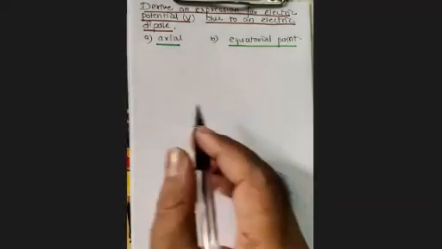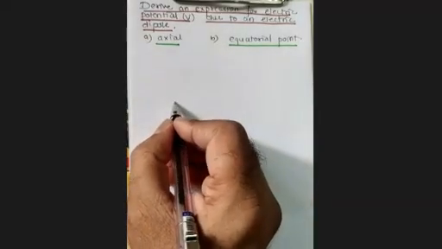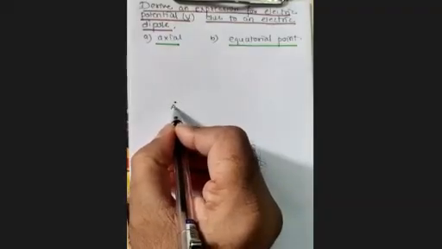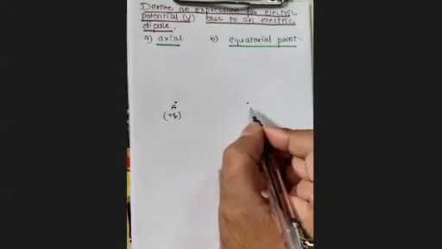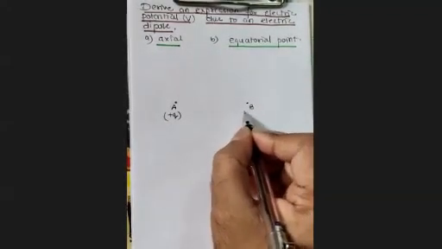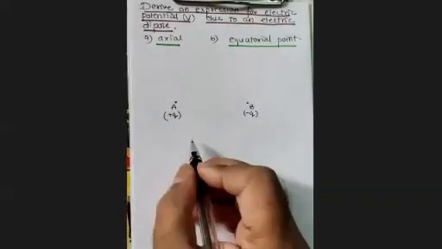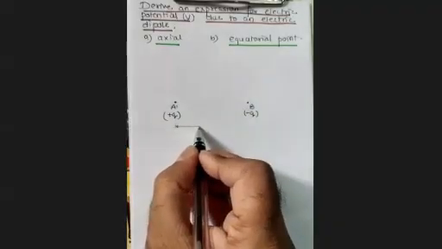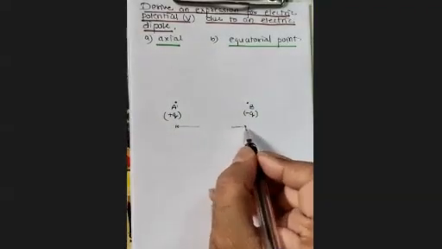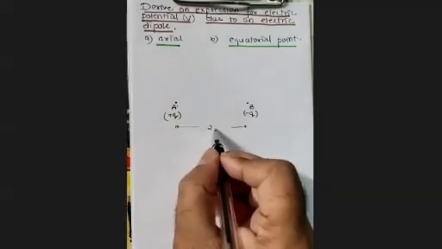So if we consider an electric dipole, means at point A we have a charge, positive charge Q, and at point B we have a negative charge minus Q, and the distance between the two charges is 2L.